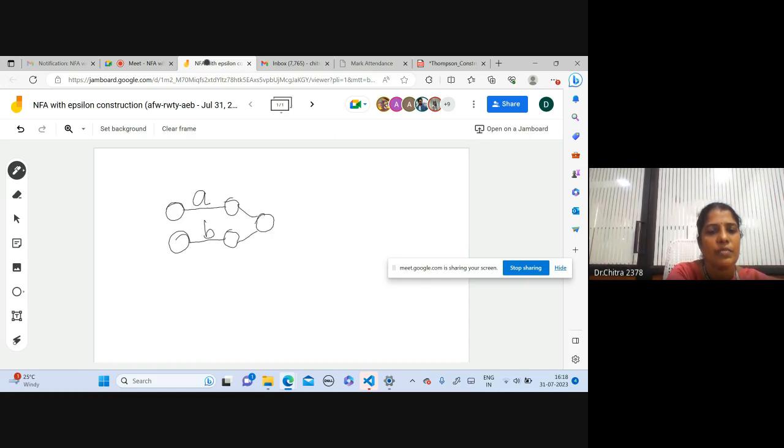Connect these things with the epsilon. Epsilon, epsilon. This is also epsilon, and this one is also. This is the figure for A plus B.